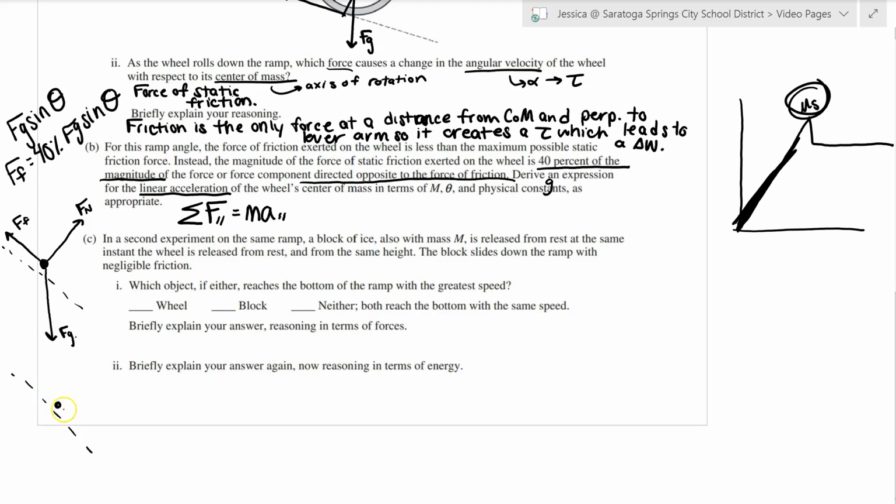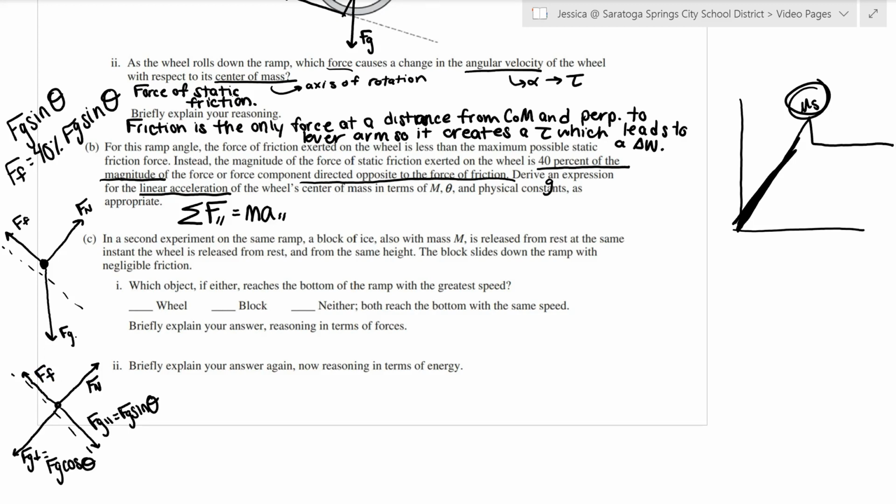Specifically, Fg gets broken up into Fg parallel or Fgx, which is the same as Fg sine. And it gets broken up into Fg perpendicular, which is Fg cosine. Remember, Fg perpendicular and the normal force are opposite of each other on inclines. And friction and Fg sine theta fight each other.